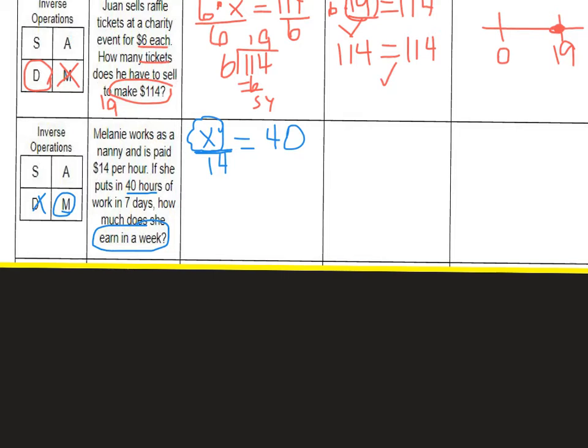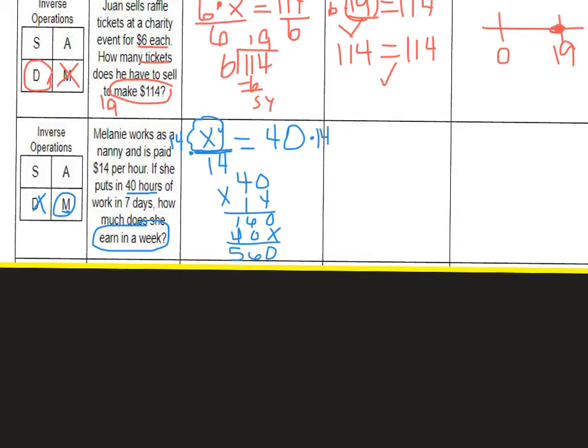Divide by 14, what's the inverse of that? It's to multiply by 14. And what I do to one side, I do to the other side. So I can multiply 40 times 14, and I'm going to get the following answer, $560.